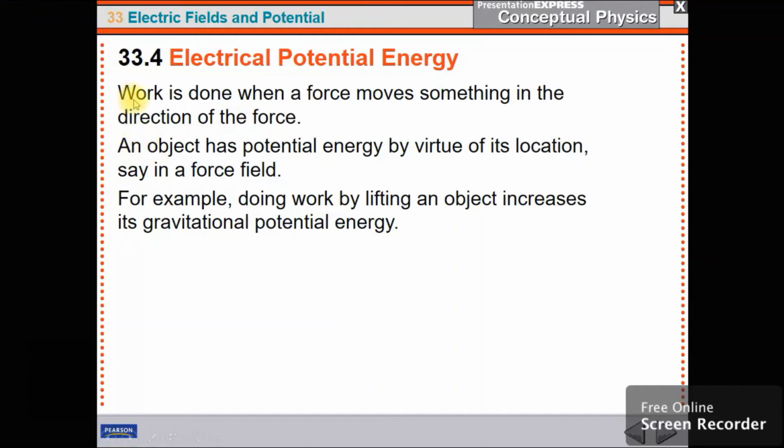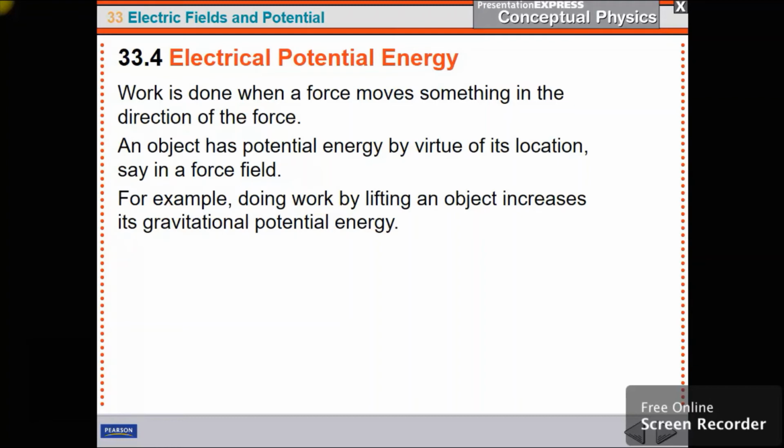Now I'm going to just read the sentence. Work is done when a force moves something in the direction of the force. True. An object has potential energy by virtue of its location, say in a force field. We talked about potential energy like a month ago, this was back in April when we were working from home.